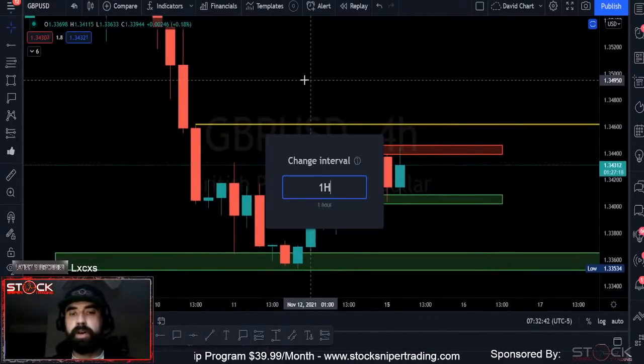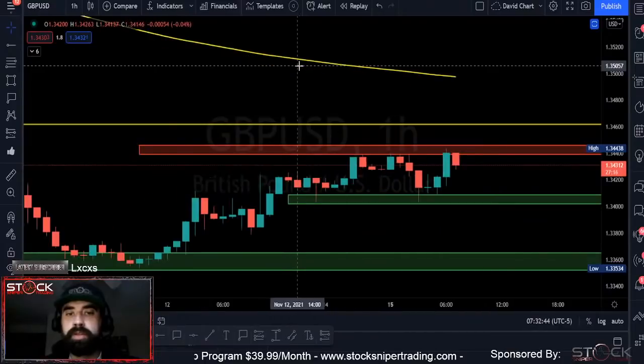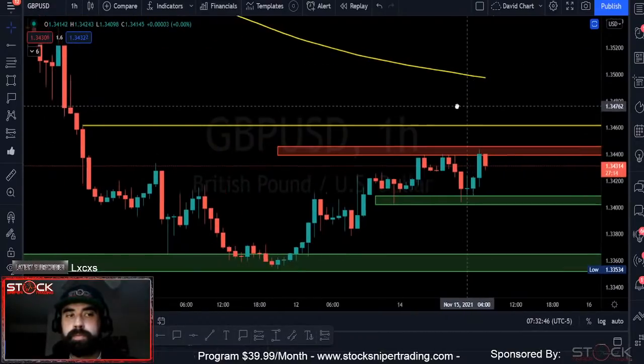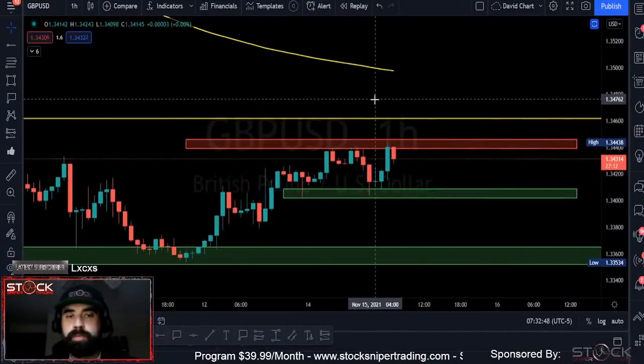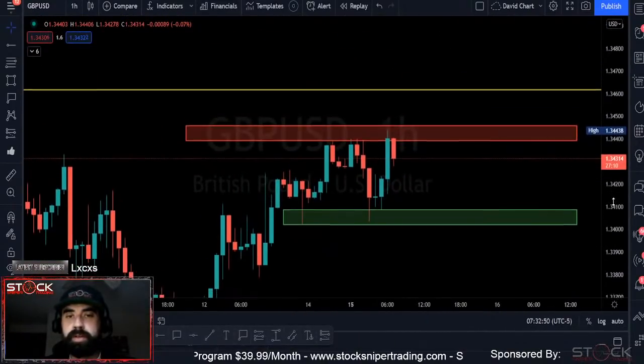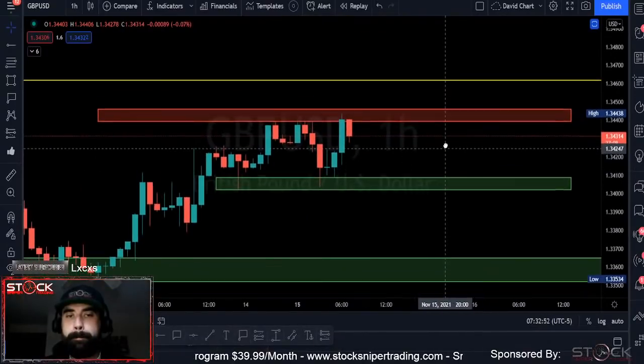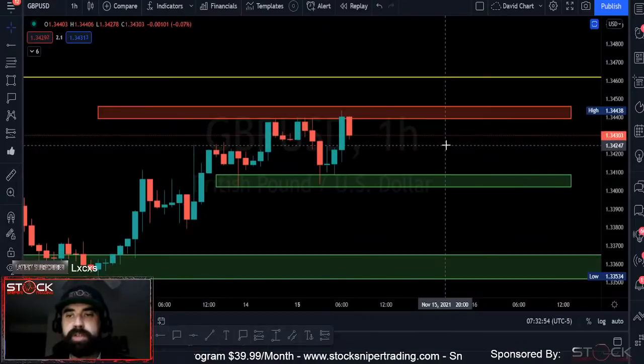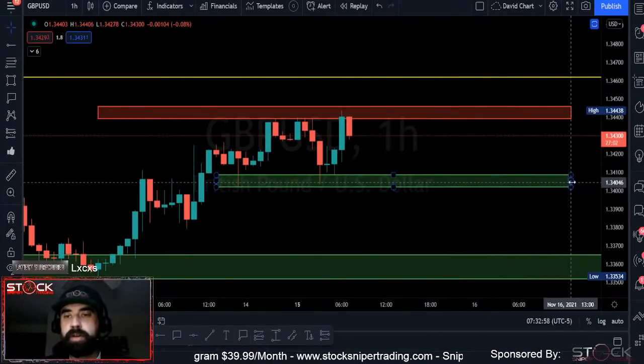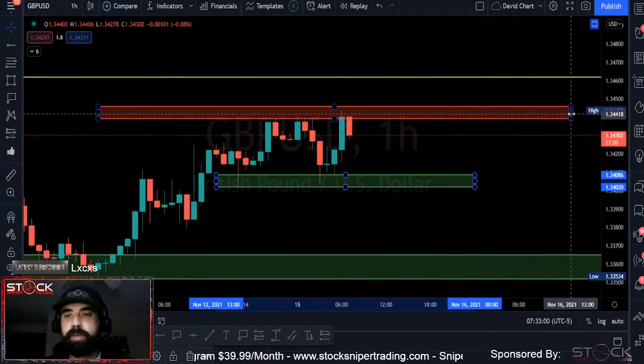Okay, so let's now check on the hourly. All right, clear as day. Just letting you see GBP before we make any kind of moves here, for any kind of top downs, continuations.